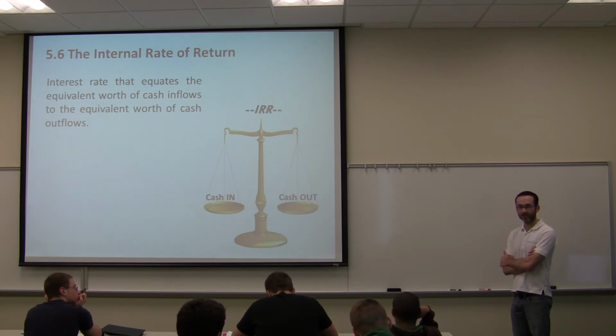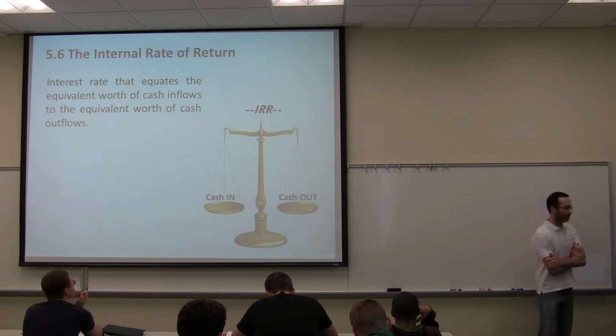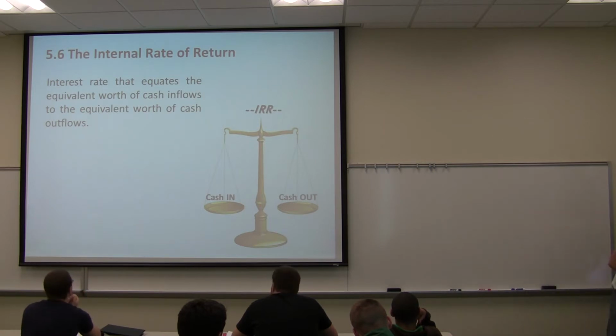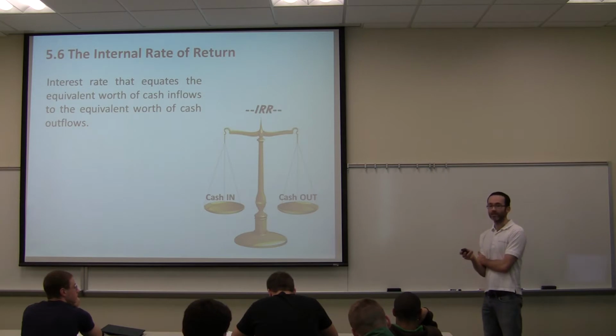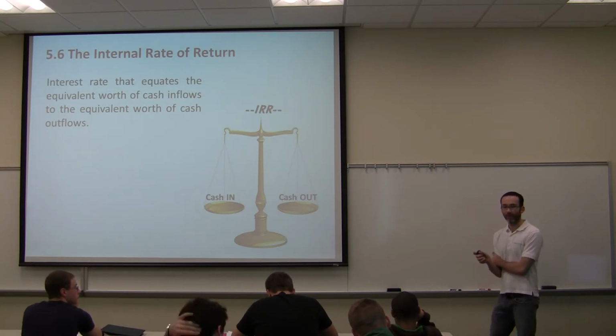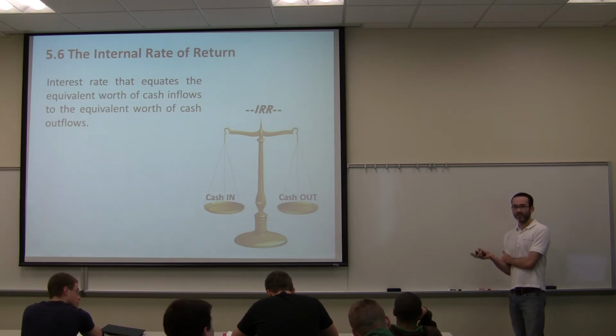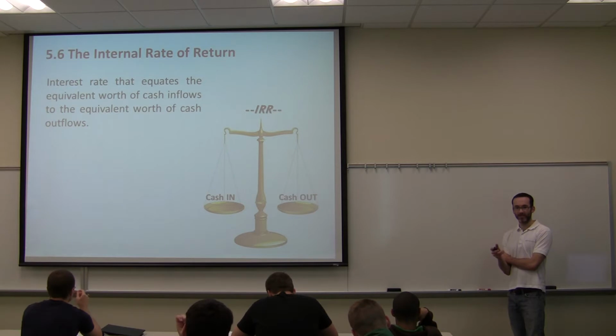It makes a couple of assumptions which we'll get at, but you can see from the diagram that the cash flow in and the cash flow out are in balance at the internal rate of return. You remember what you did yesterday in the in-class exercise: you used the table method, first of all, to discount everything to the present and find out the net worth of it, and it was positive.